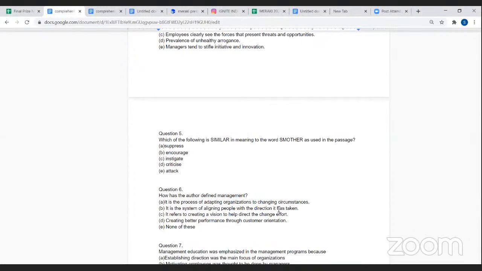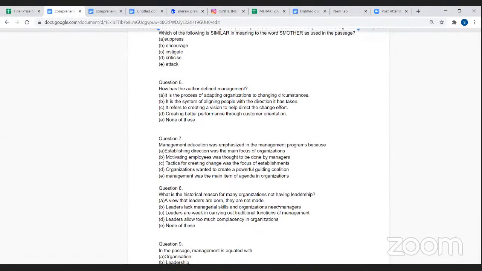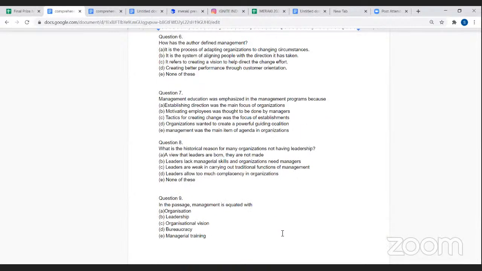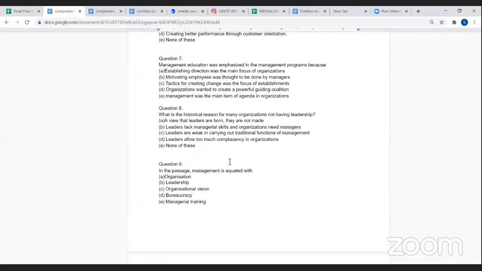It's none of these. Because it was like we were supposed to deal with change, and that is not covered here. That's how the author defines management, no? The change part. So it's E, none of these.